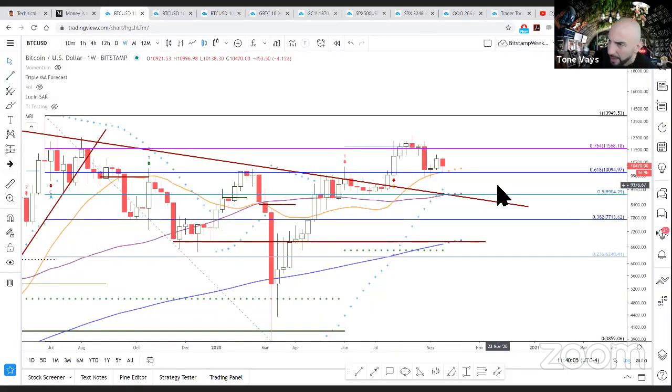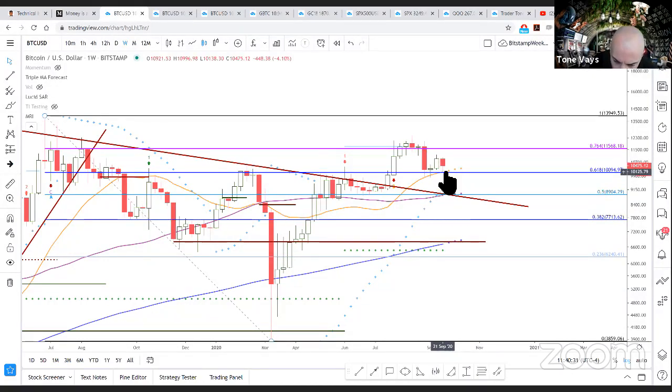Bitcoin. I've got to try to keep these videos shorter. So the weekly chart has fallen once again to the support right here, to this area, and bounced right off of it.